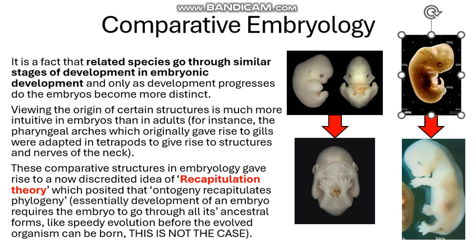identical. If I put a load of embryos in front of you and told you to tell me whether it's a cat or a bat or whatever, or a human, at this stage, you probably wouldn't be able to get it right. But as they develop and their structures become more defined, it's easier to understand.